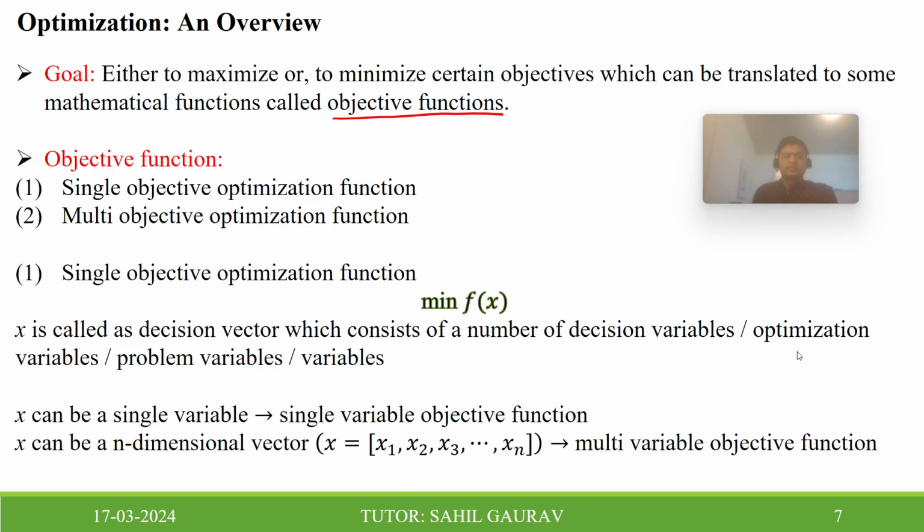It is also called optimization variables, problem variables, or simply variables. x can be a single variable also, and at that time we call it a single variable objective function. When x is an n-dimensional vector, we call it a multi-variable objective function.